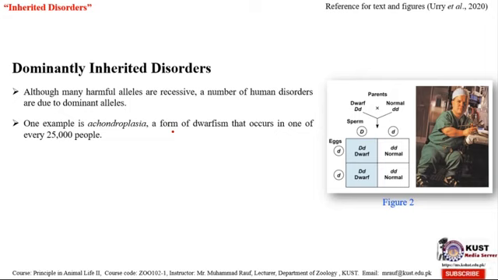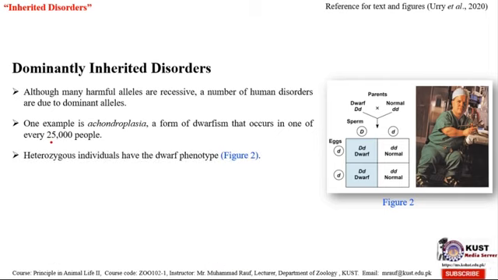The result is dwarfism, limited range of motion at the elbows, large head size which is called macrocephaly, and small fingers, with normal intelligence. You can see the person affected with this condition here. It is a dominant genetic disorder, and one individual out of 25,000 is affected with this condition.